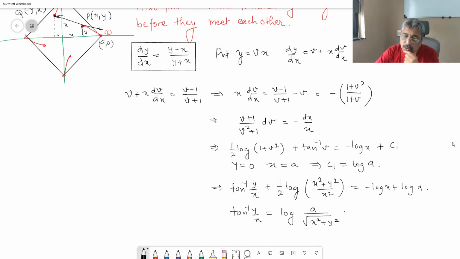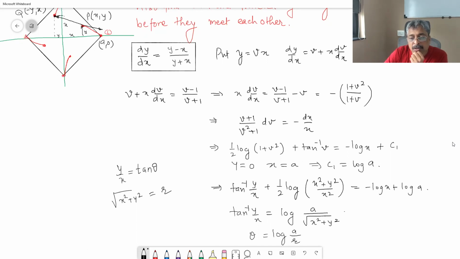Which is good. And now here itself, if you consider y by x is equal to tan theta, and radical x square plus y square is equal to r, then this is theta is equal to log a over r, which is r is equal to a e raised to minus theta.